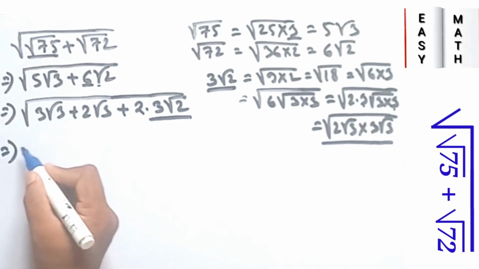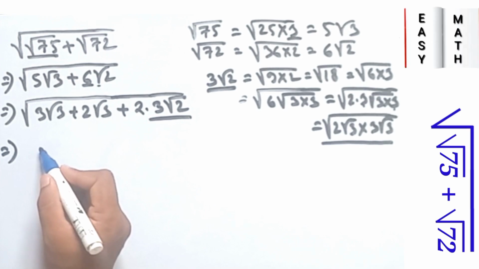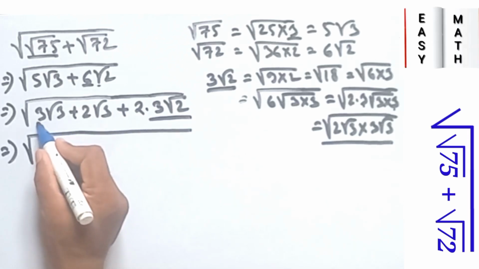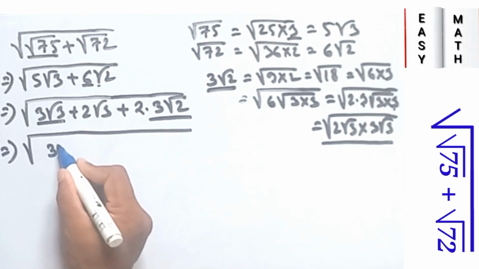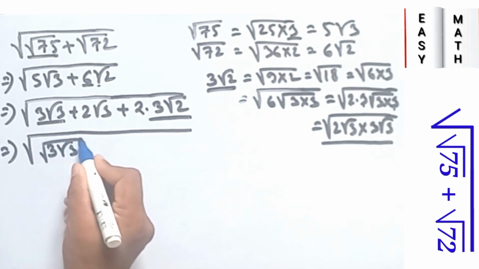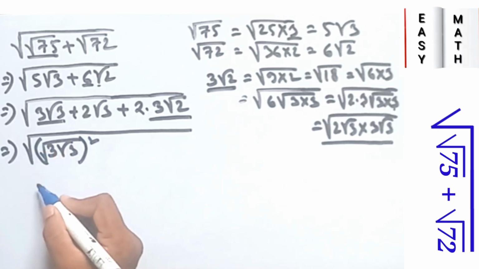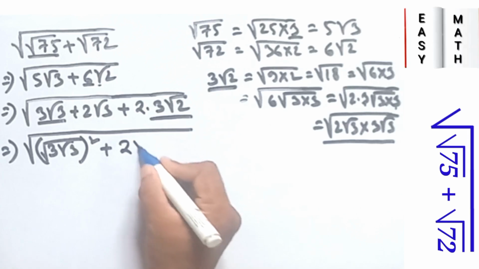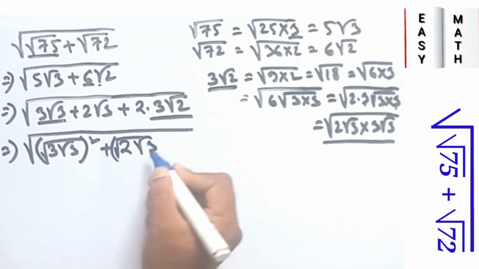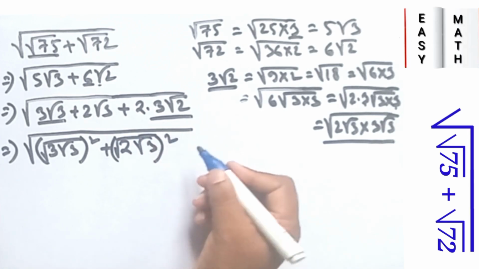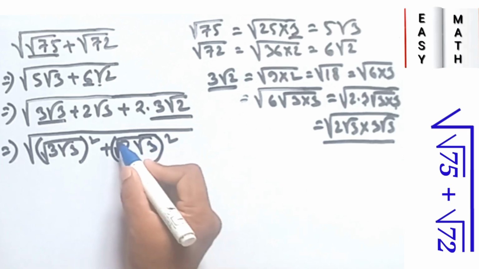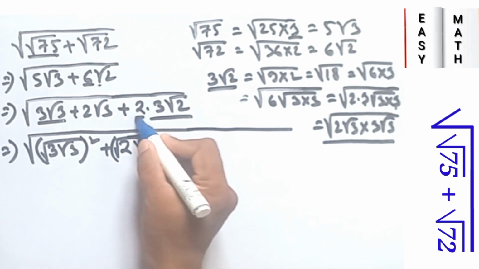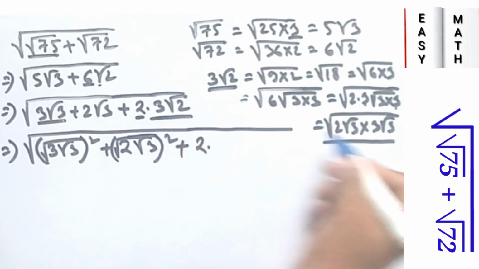So we can write here: 3 root 3 is under the root, and this is the square. We can write a square, and 2 root 3 under the root, this is the square.